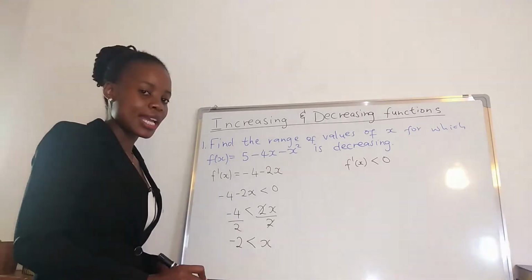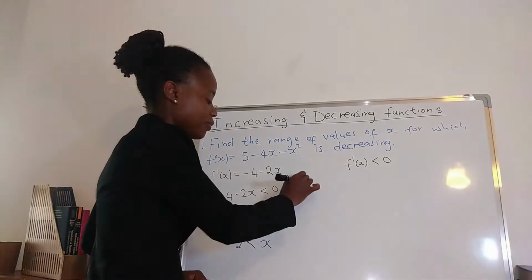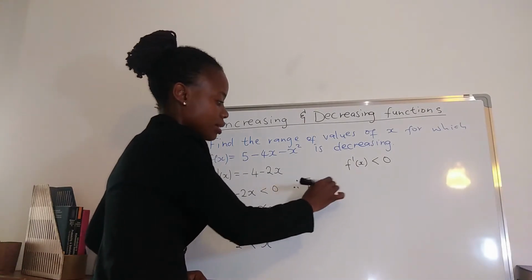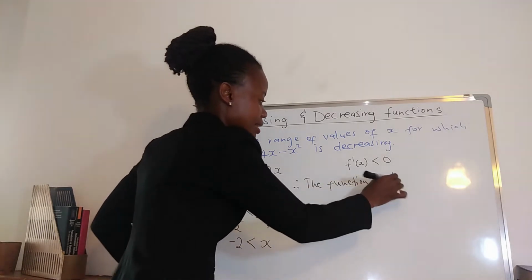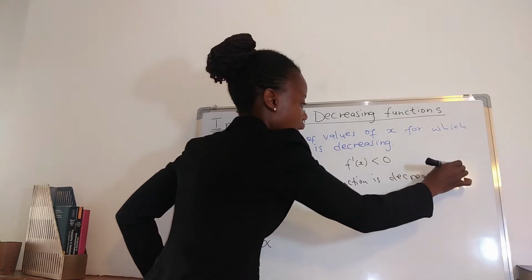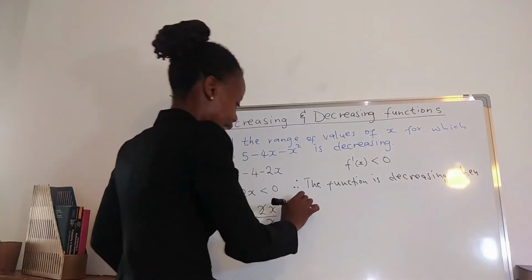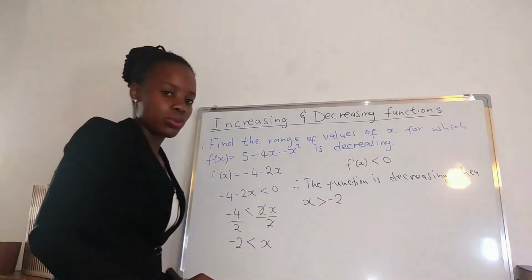X is supposed to be greater than negative 2. So it means that the function is decreasing when x is greater than negative 2, right?